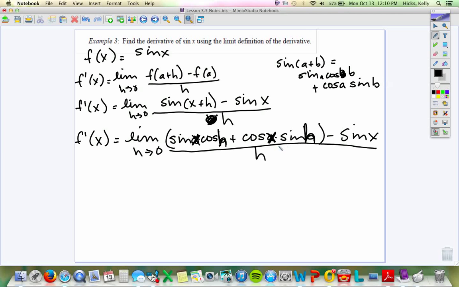Well, we have a sine x here. We have, let's see, thinking and writing at the same time.